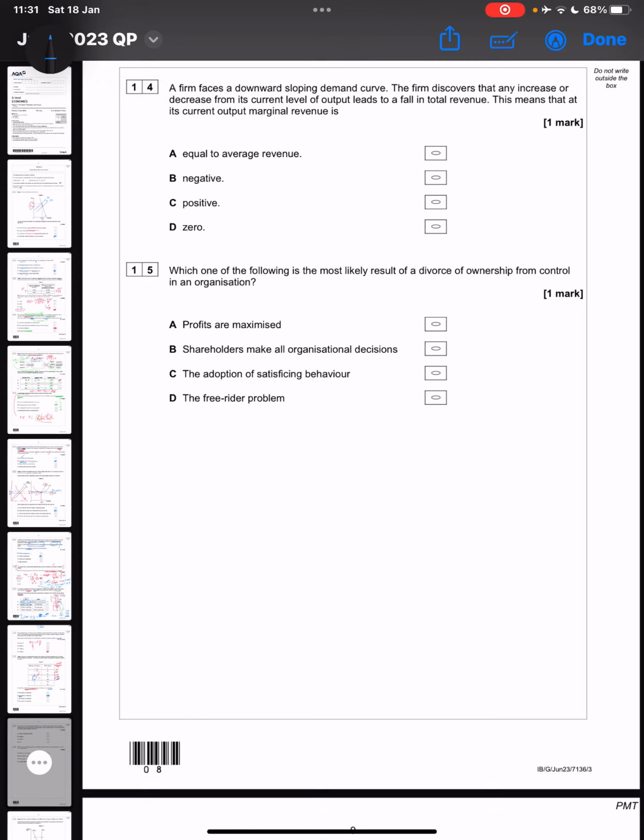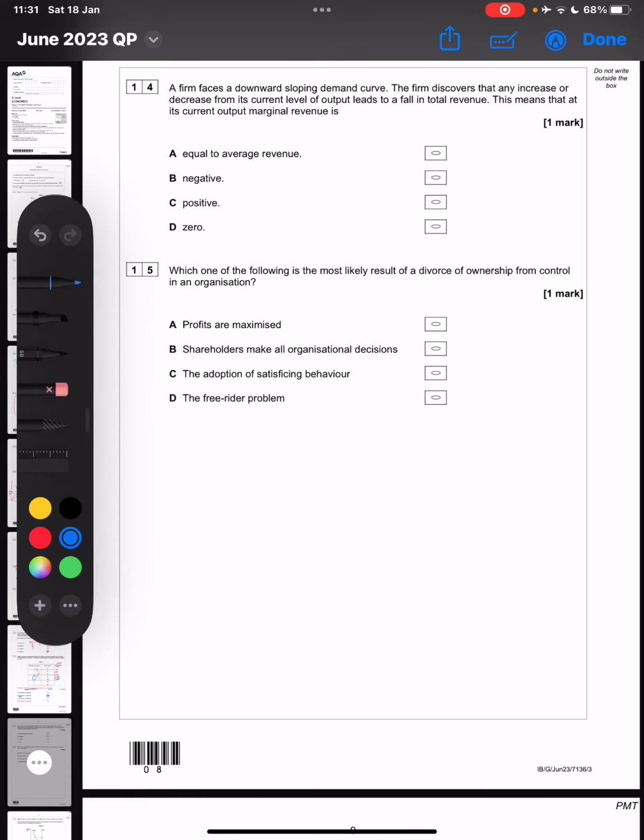Okay, did I skip something? No. Okay, a firm faces a downward sloping demand curve. They discover that any increase or decrease, okay, keyword here, any change basically, any change leads to a fall in revenue. So with a downward sloping demand curve, you are going to have a total revenue curve that looks kind of like a mountain. And it's going to peak right in the middle. This is like your revenue max.